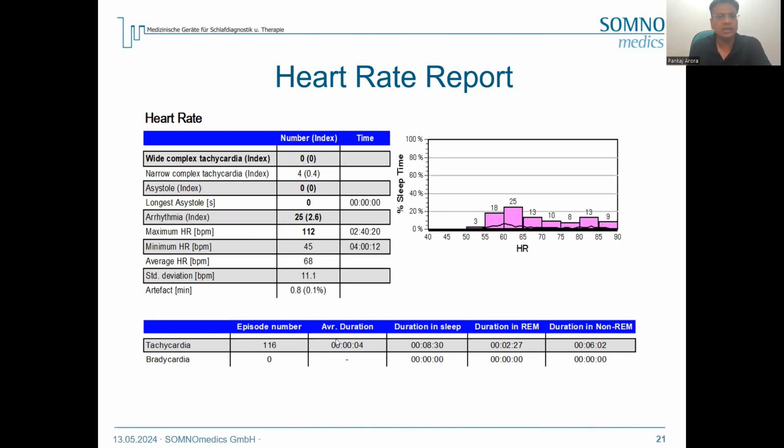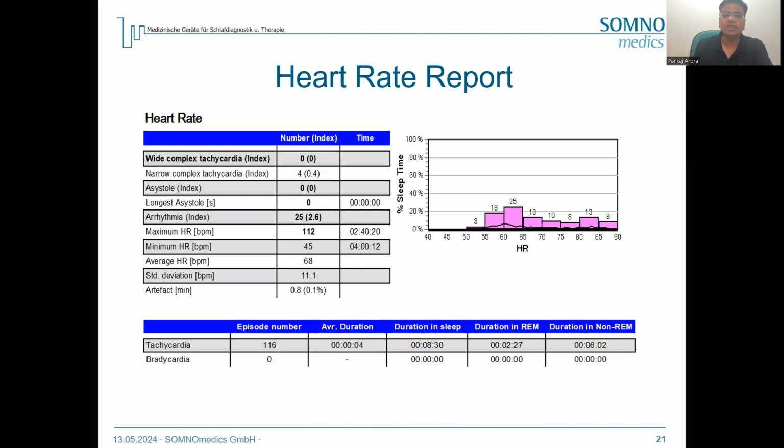In this particular report, you can see the patient is having 116 episodes of tachycardia, and the total duration of tachycardias was 8 minutes 30 seconds. It's not continuous, but it is segregated over 8 minutes. That's what it's trying to tell you. And during REM stage also, it was segregated over 2 minutes.